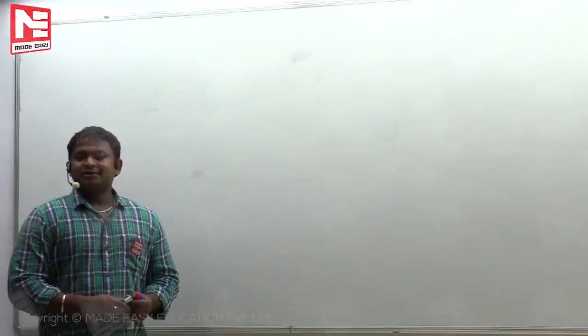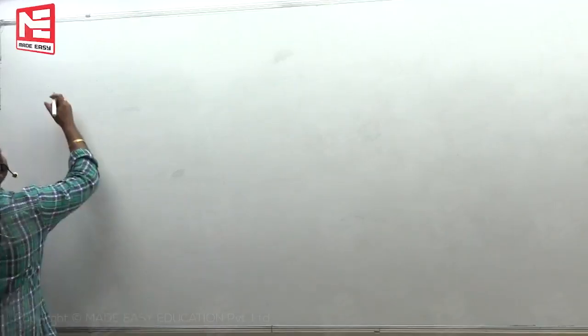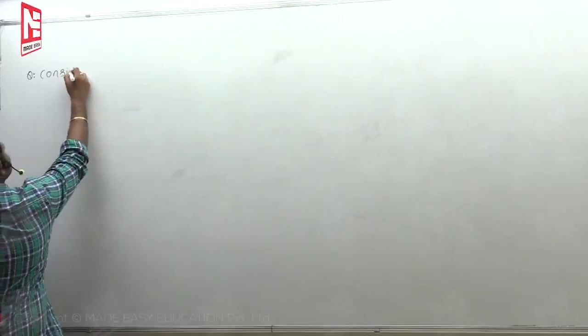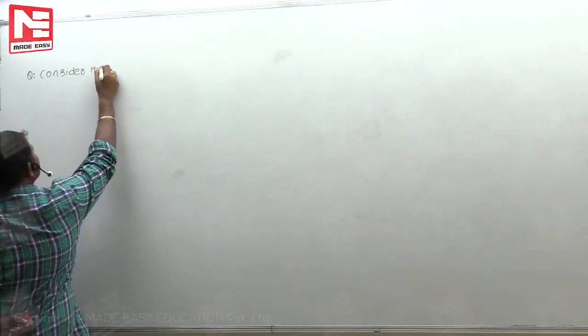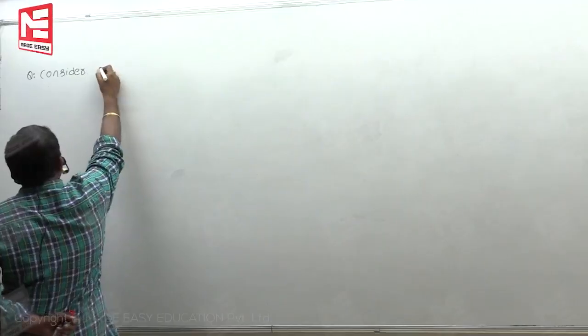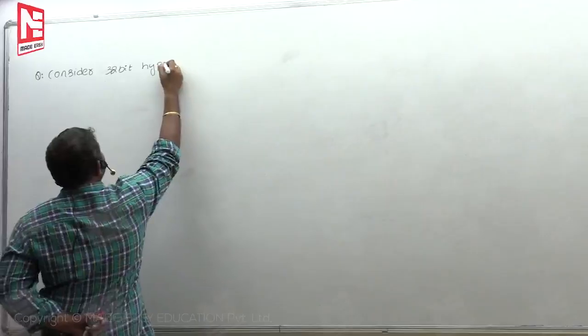Now let us see the questions related to the memory chip configuration. Right? First question is: consider a 32-bit hypothetical CPU.